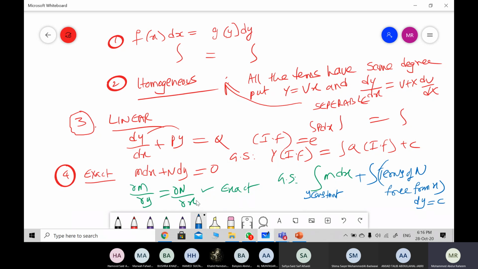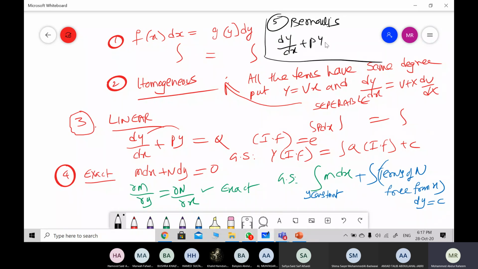See how I am writing; you should have these in mind like that, otherwise it will not work in the exam. Now Bernoulli, the last one: dy/dx plus P y equals Q y to the power n. Step 1: divide with y to the power n.